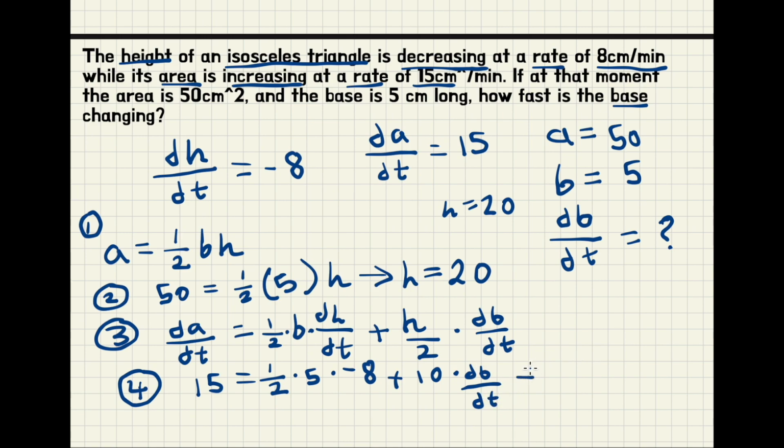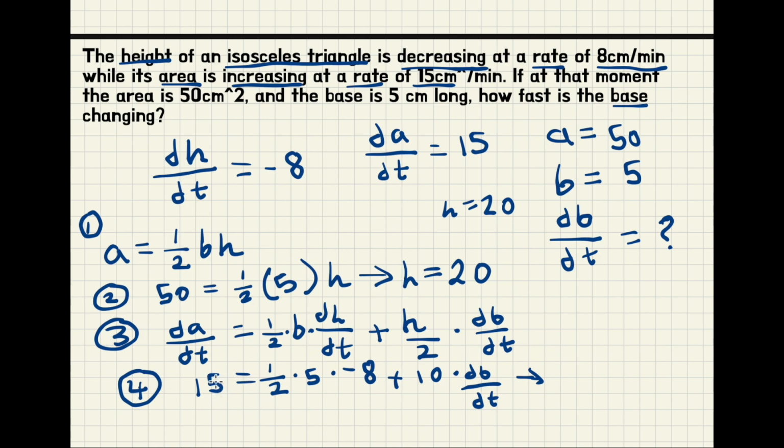Now we can do it algebraically. We can multiply 1/2 by 5, which is 2.5, and multiplied by -8, that's -20.